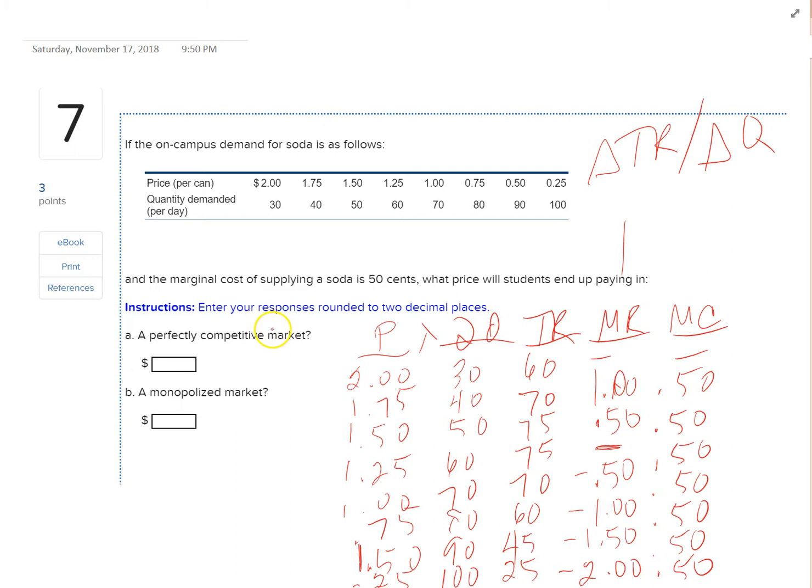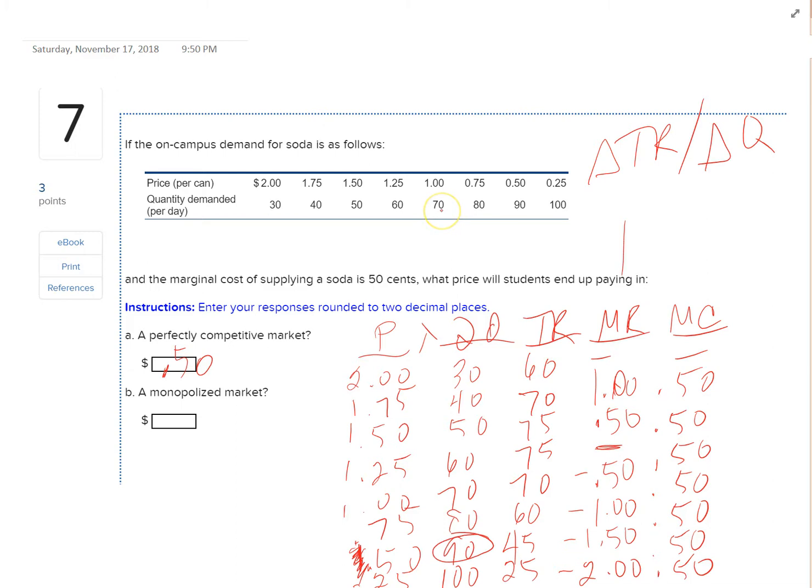So what would students end up paying in a perfectly competitive market? Well, it's where MR equals MC, and if marginal revenue is 50 cents, it means that they're going to pay 50 cents. If we come here to 50 cents as the price, and sorry about that, I had $1.50 there, that should be a 50, I'm sure you saw that, that means 90 are going to be purchased, and they're going to pay 50 cents.